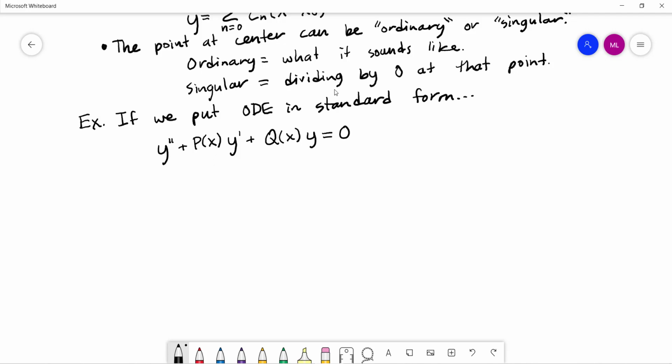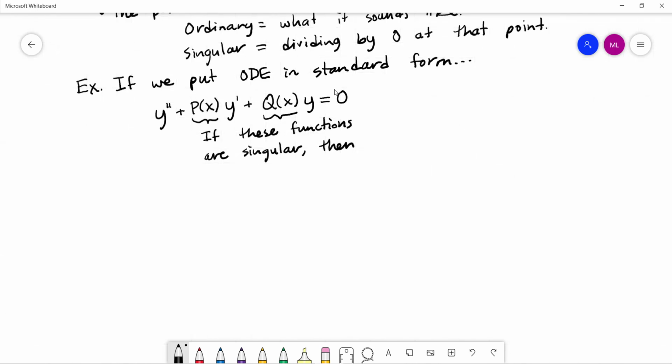So if these functions are singular, then at any points, those points are what we call singular points.